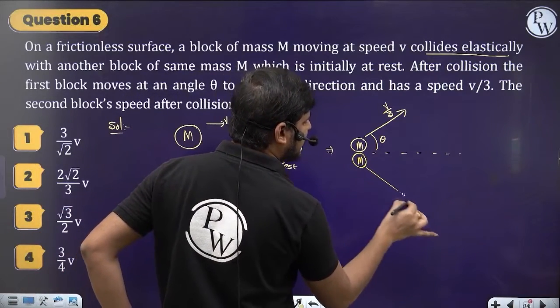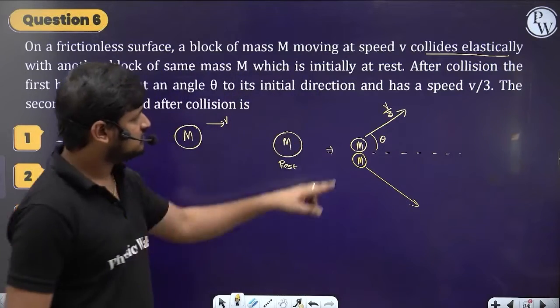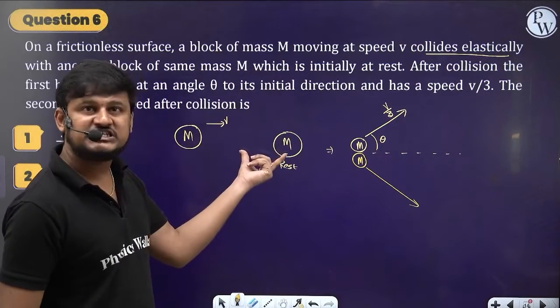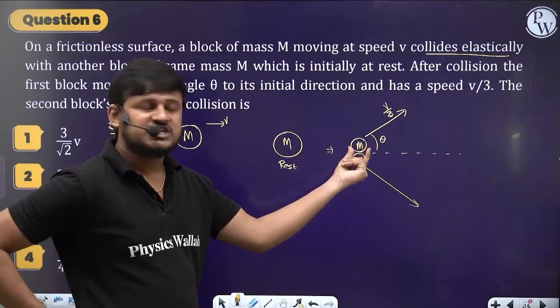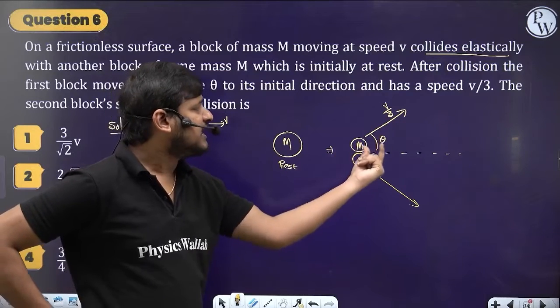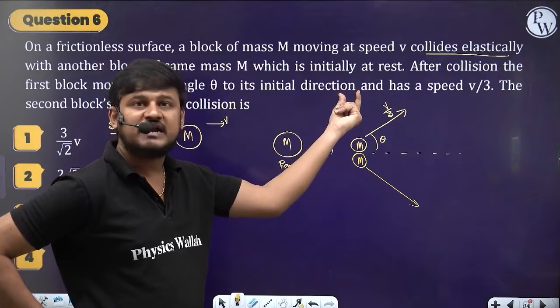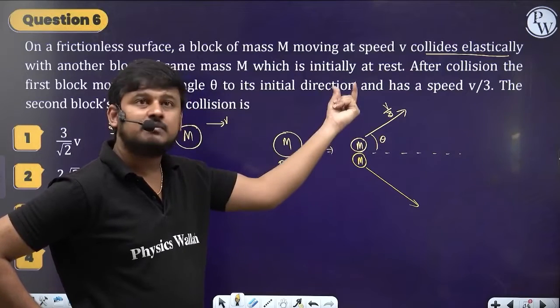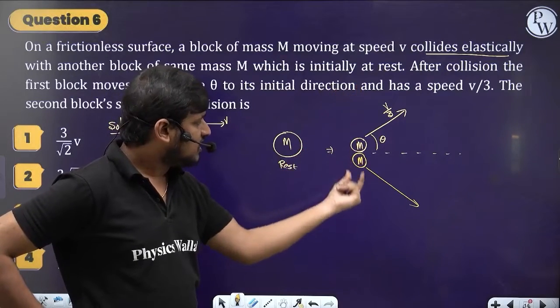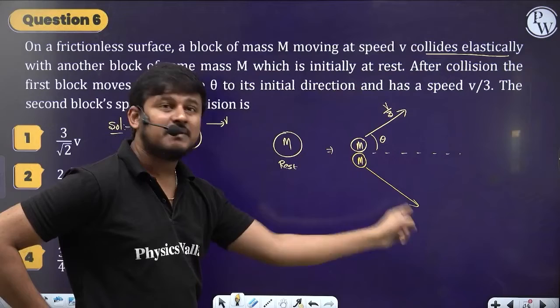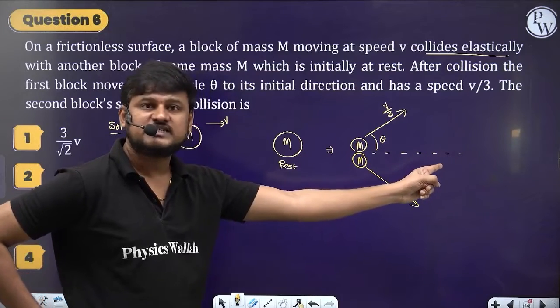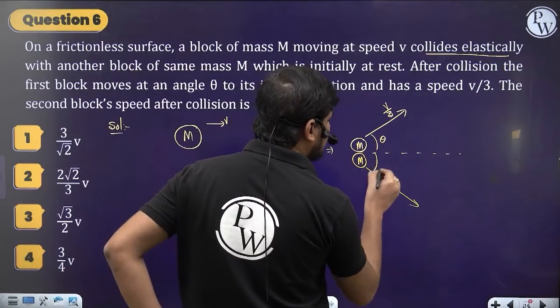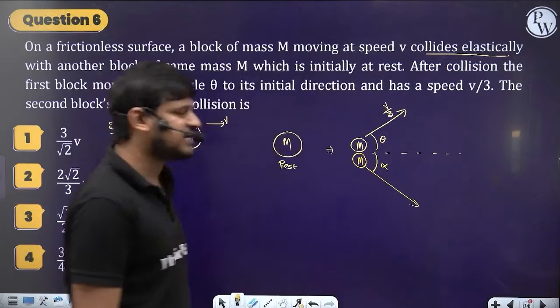It should move at an angle this way, because initially its momentum in the y direction is 0. After the collision, the first block has some momentum in the y direction. To cancel that, the second block also should move at some angle, yes or no? Let this angle be alpha.